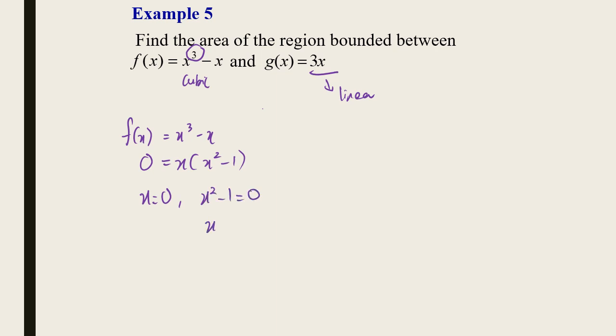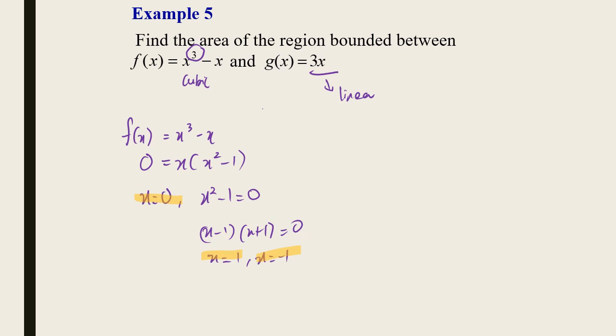Factorize x squared minus 1, it will be x minus 1, x plus 1 equal to 0. So we have x equal to 1 and x equal to negative 1. So these three values, x equal to 0, x equal to 1, x equal to negative 1, are the x-intercepts of the cubic.